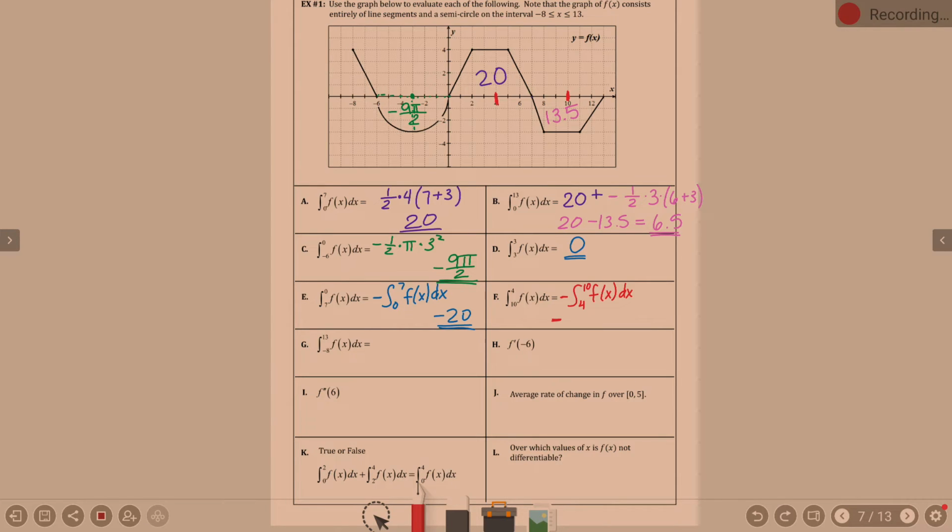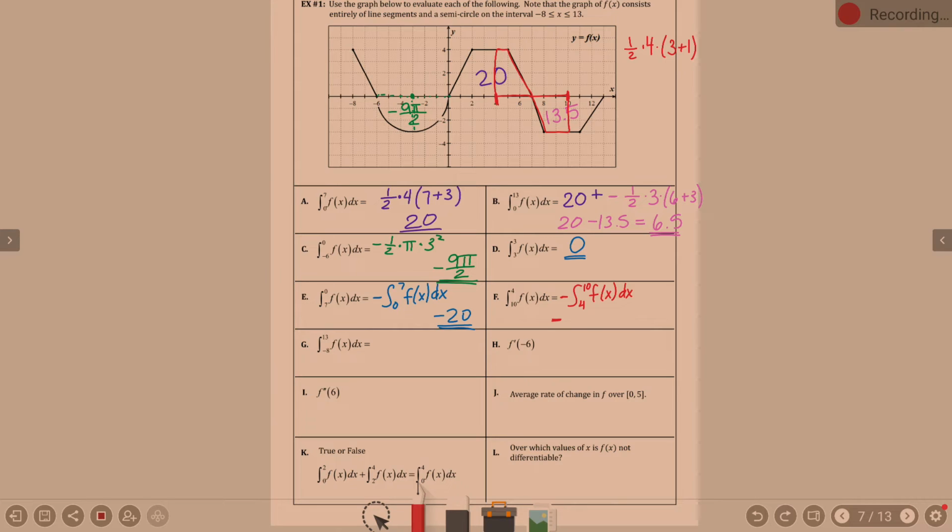So we got 2 new trapezoids here to talk about. I don't know that I really have room to put my trapezoids down here, so I'm going to put them up here. The 4 to 7 is going to be 1/2 times the height of 4 times bases of 3 plus 1.